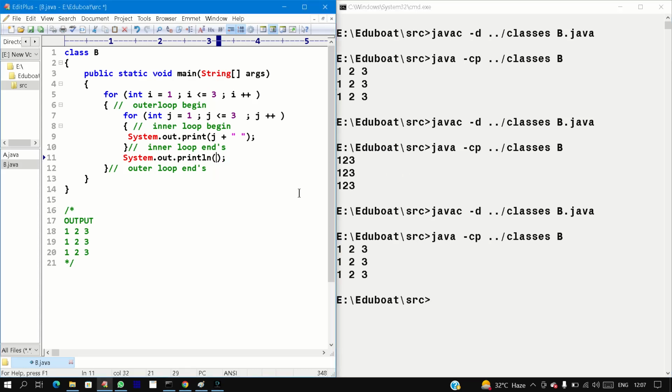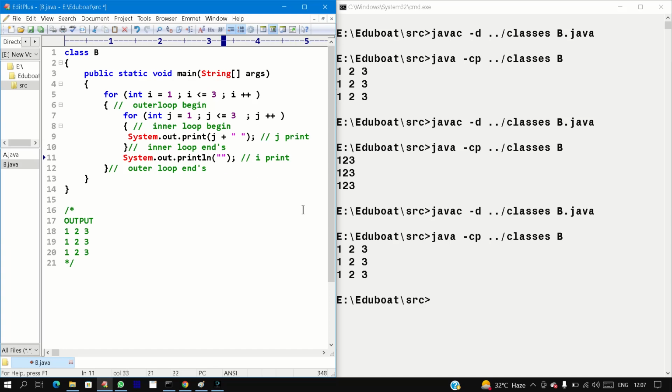Acha, what will happen if I write system.out.print for I, and this is J print?